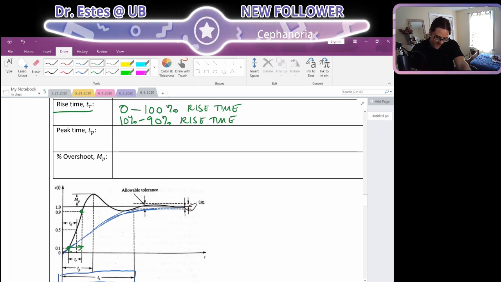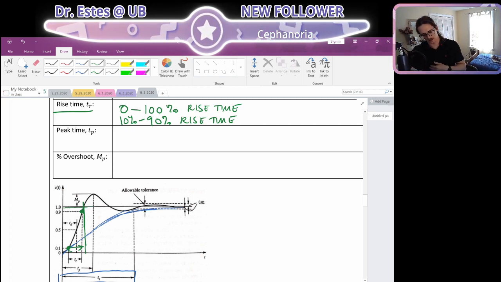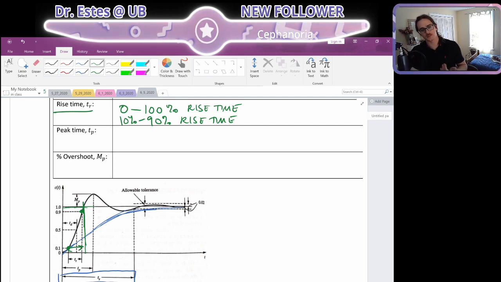Or the 0 to 100% is just the time it takes for it to first meet what's going to become its final value. And it's not based on the envelope, it's based on the function itself.